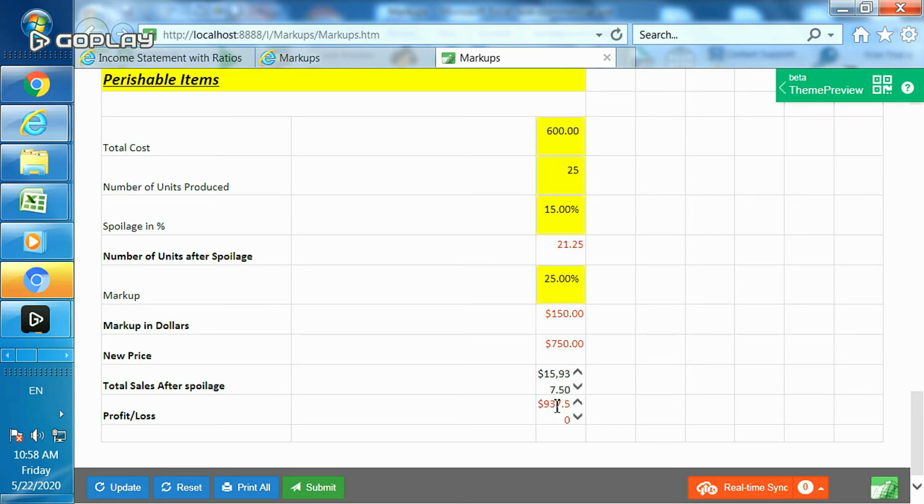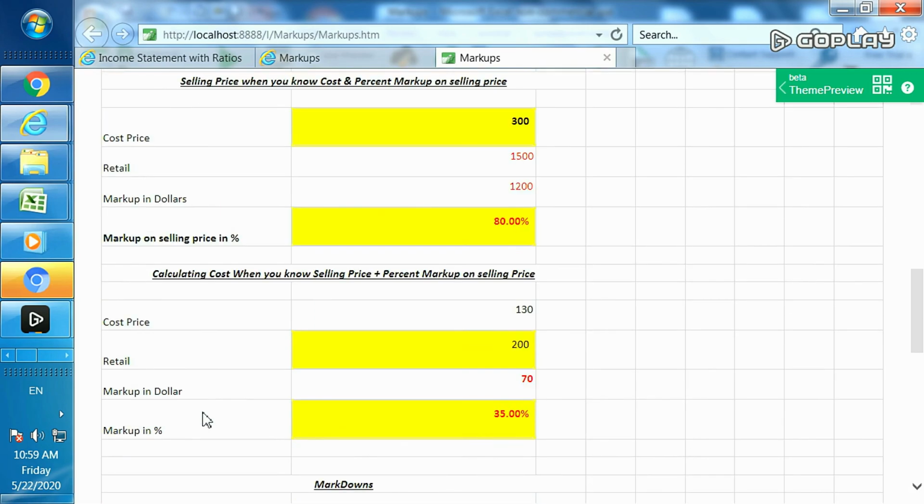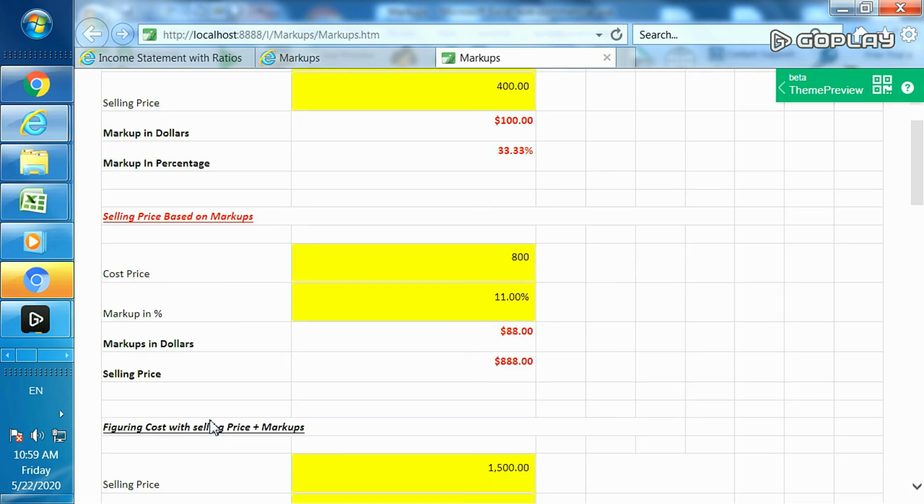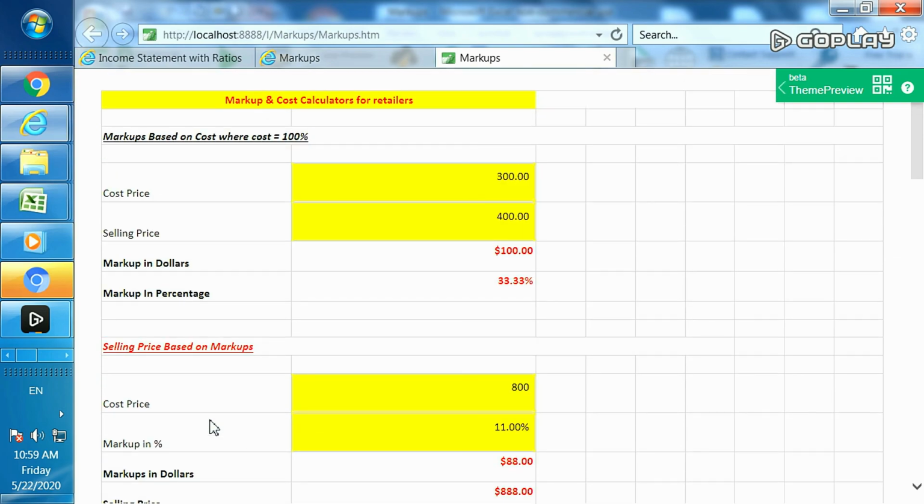Notice this is positive, which means there's a profit. If this was negative, it would mean that there is a loss, which means once you sold your inventory, you were at a loss. All right. So basically, this is how you use this calculator to calculate both your markups and your markdowns.